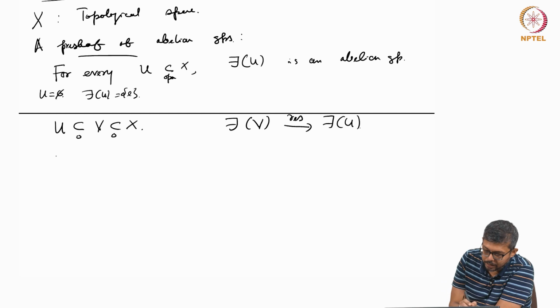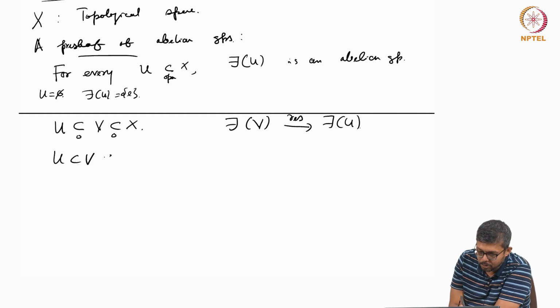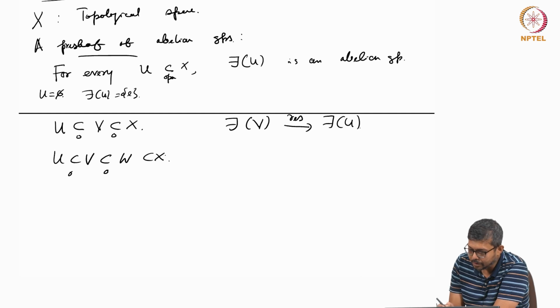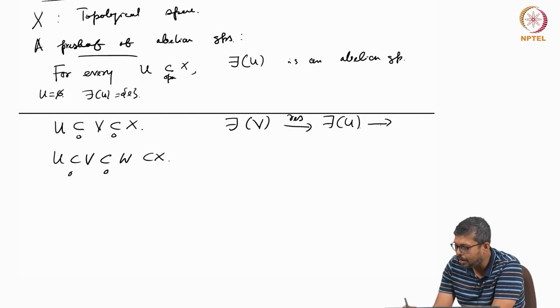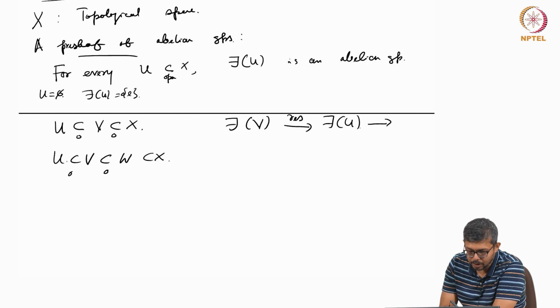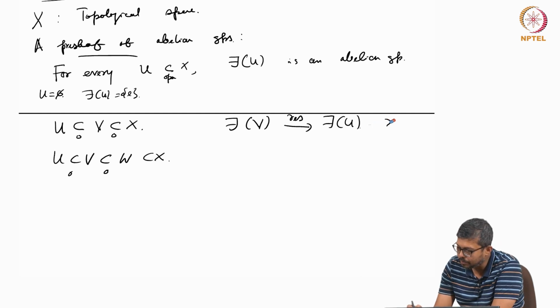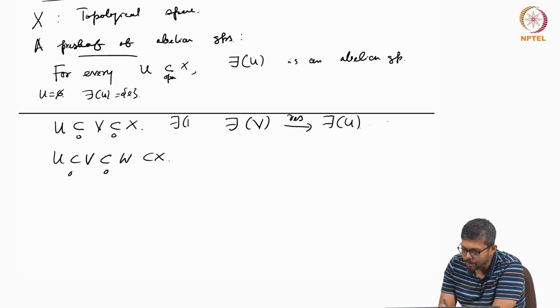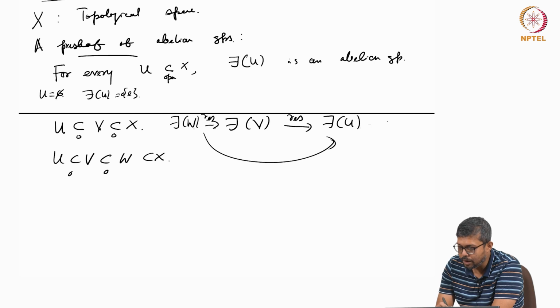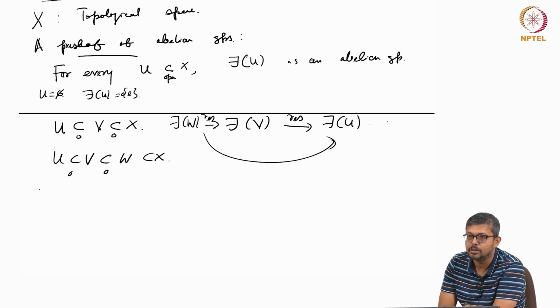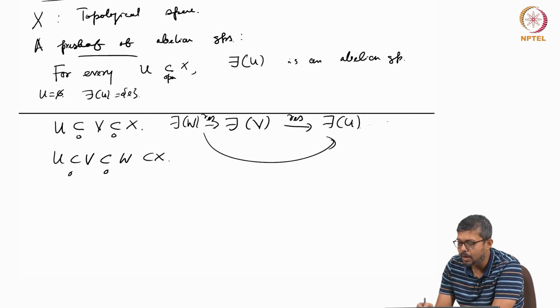Now, if you take U, V, W, say these are all open subsets, here you have a map from F(W) to F(V). W also contains U as an open subset, so if you go from F(W) to F(U), there is another restriction map.